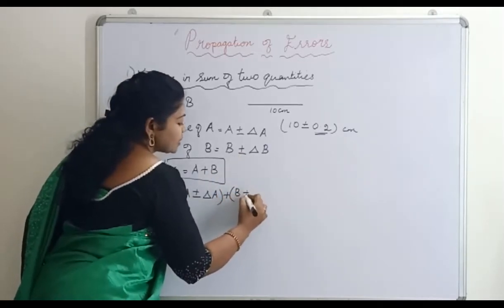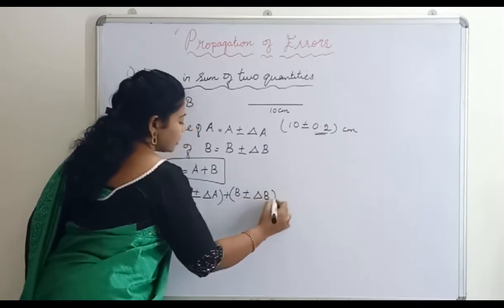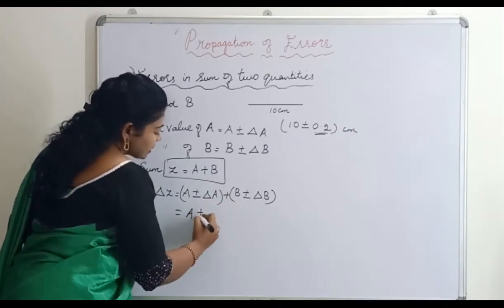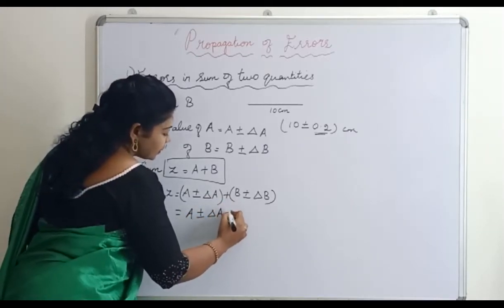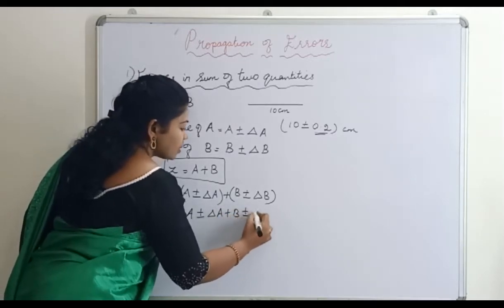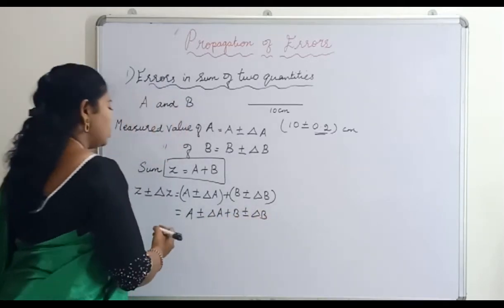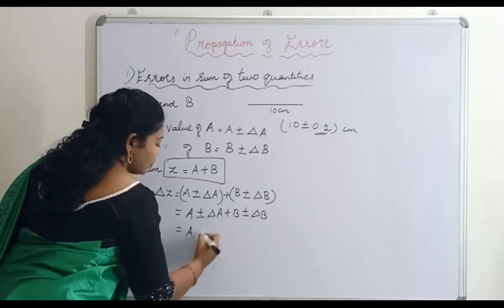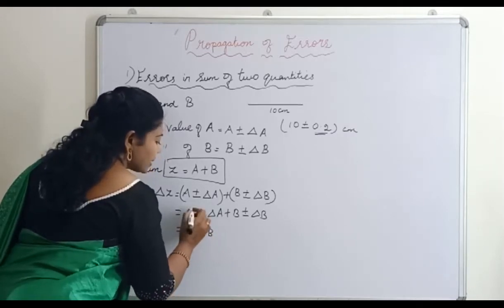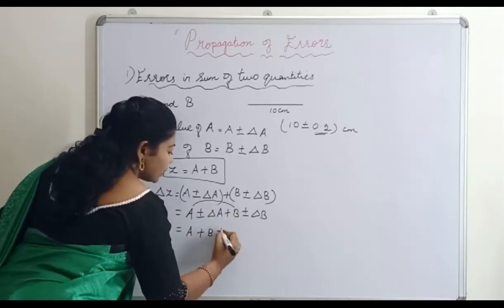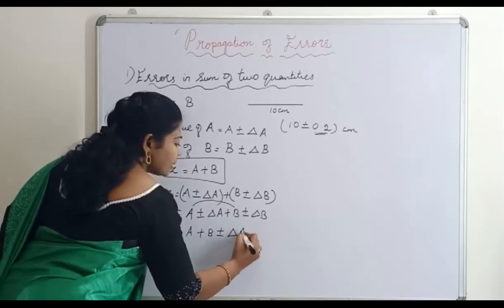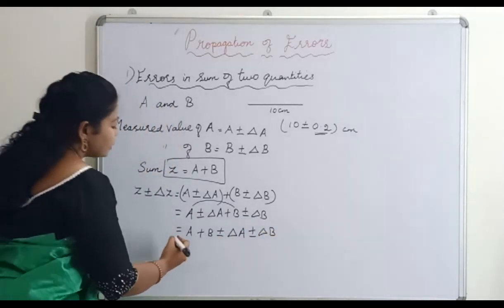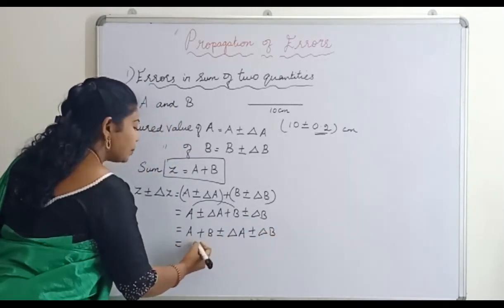B plus or minus delta B. Removing the brackets, we get A plus or minus delta A plus B plus or minus delta B. We can rearrange and write this as A plus B plus or minus delta A plus or minus delta B. So here, what is this A plus B?